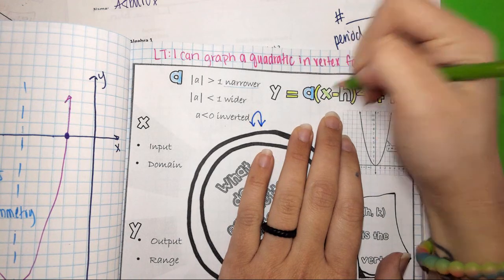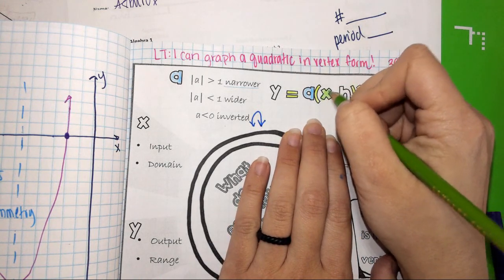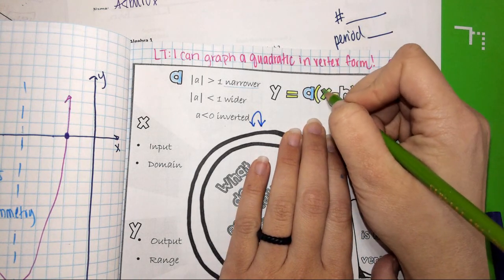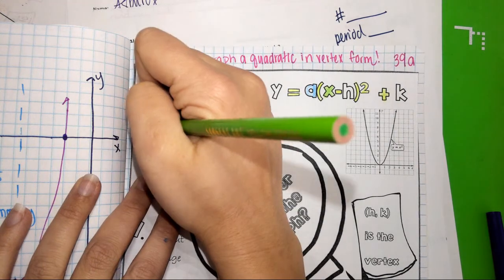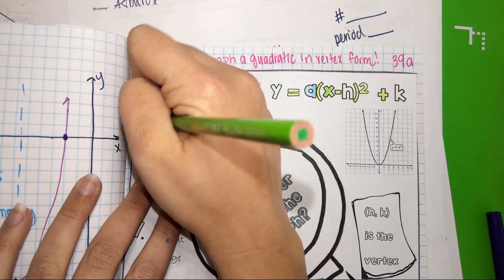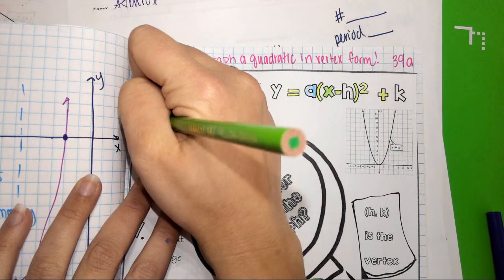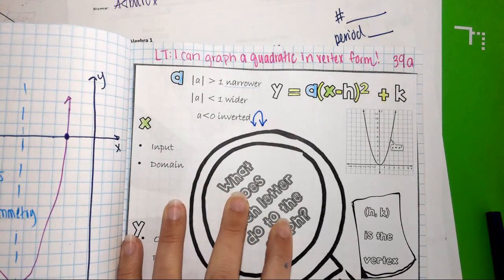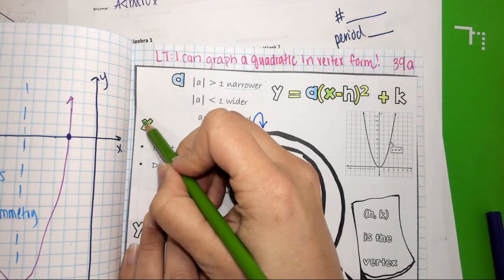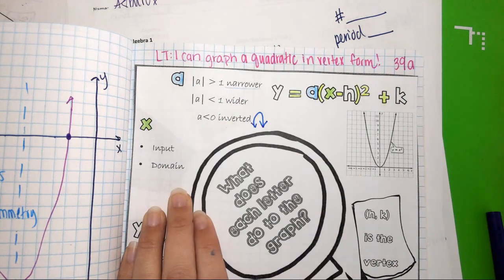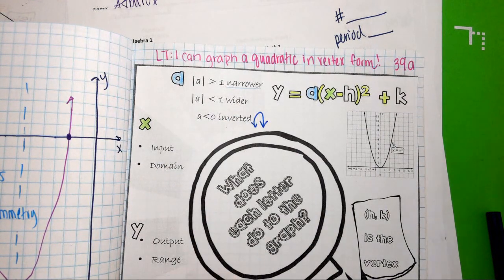All right, now let's look at our x. X are the numbers that we input, which is also known as our... I just said the word input. So what's the other word? Domain. Take a point. All right, what's Y?